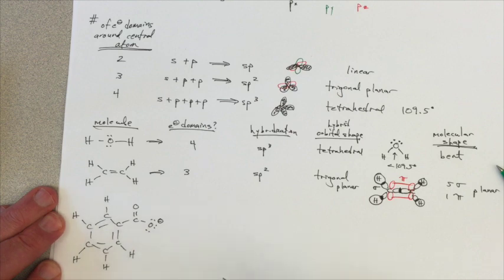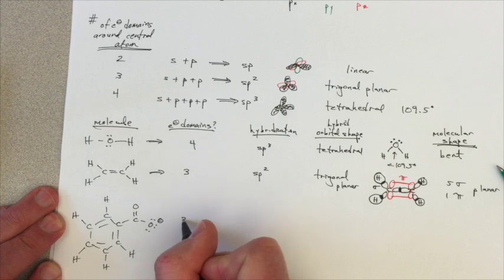There's lots of central atoms here, but really we can think of looking at each carbon in this ring. Each carbon in this ring has 3 electron domains, 1, 2, and then the double bond counts as 1.